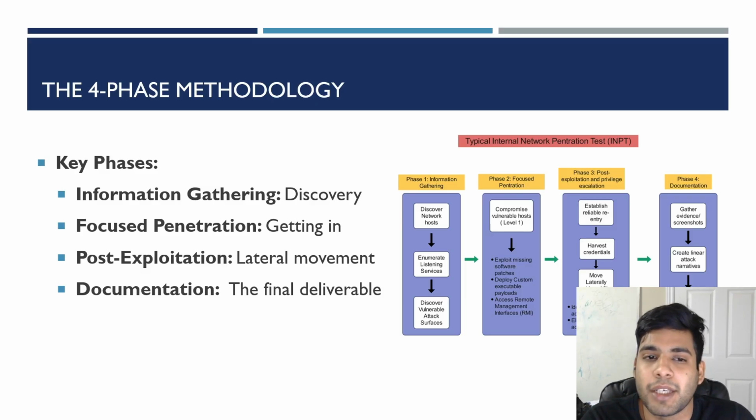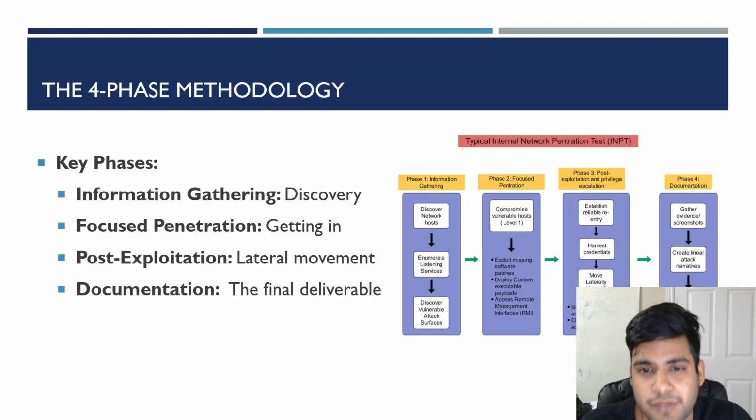But normally the corporates do the internal network penetration test, where the pen tester will be inside their network. They will just give them a possible network range where their systems are, and then the pen tester will start exploiting things.